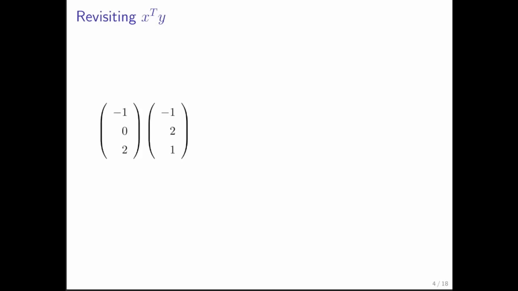This explains a little bit the notation x transpose y that we saw before. If we did x transpose y, notice that transposing this vector, which we can also think of as a matrix with only one column, gives us a row vector, or a matrix with only one row.